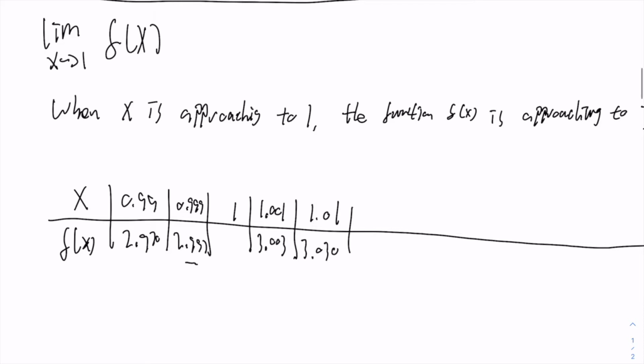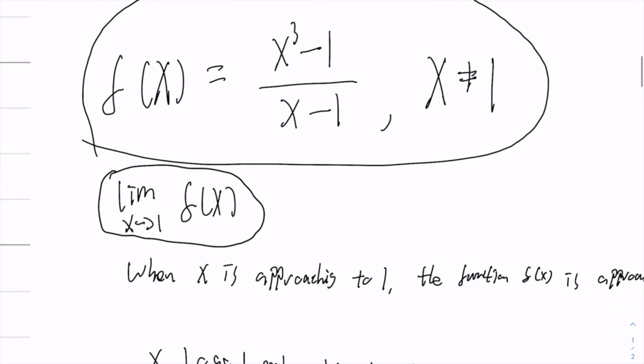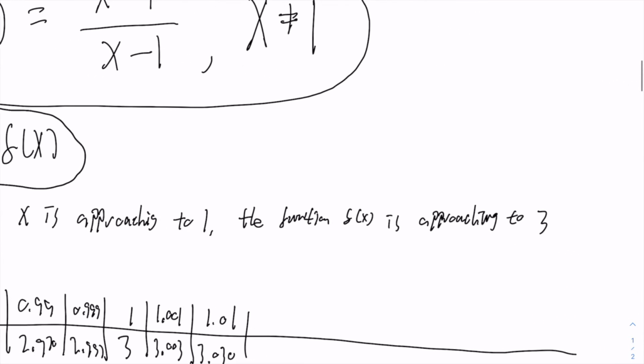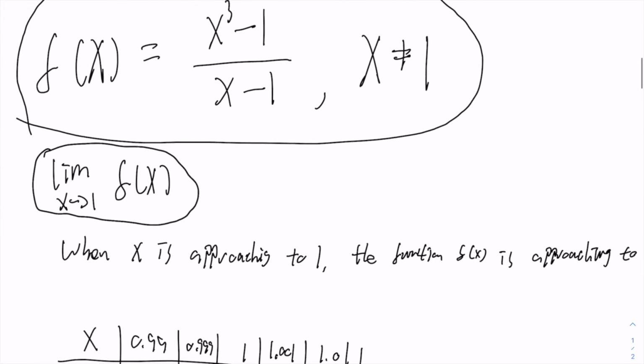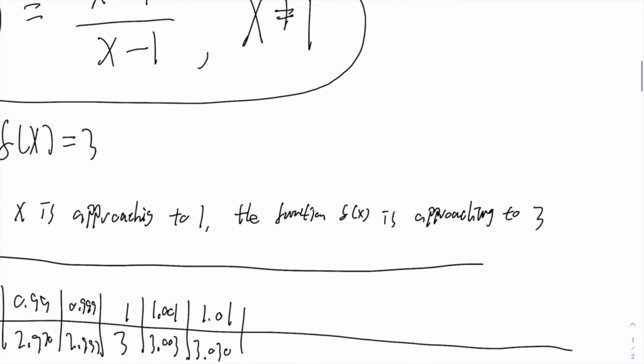So as you can see, the closer x is to 1, the closer f of x is to 3. So basically this limit of f of x when x is approaching 1 means that f of x is approaching 3.